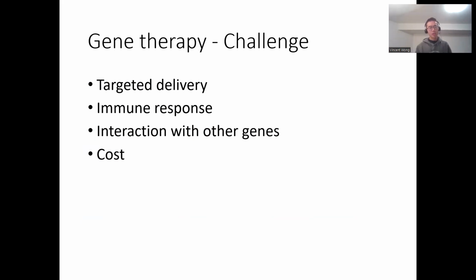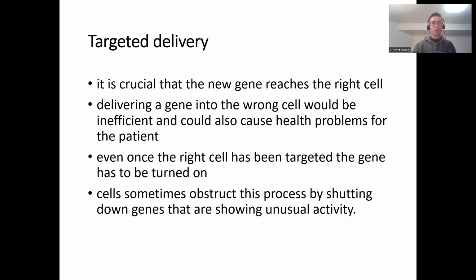And now we can talk about some challenges associated with gene therapy. They're listed here, and I'm just going to go through the slides with you. Number one, target delivery. How can we ensure that the gene we are delivering goes to where we intended it to go? Let's say we're inserting a suicide gene.